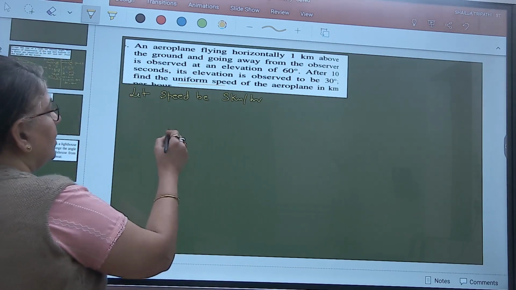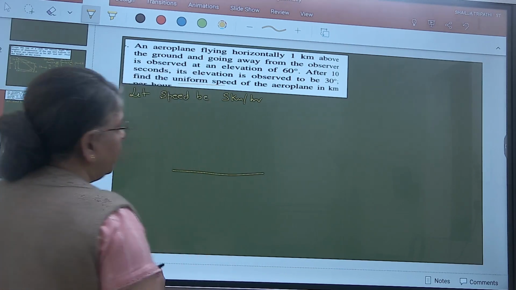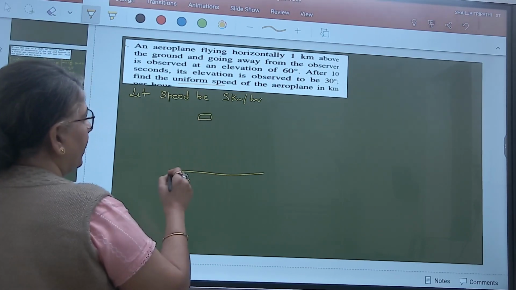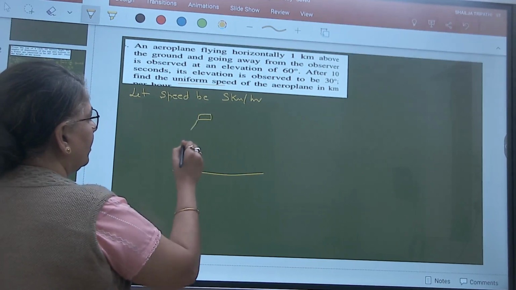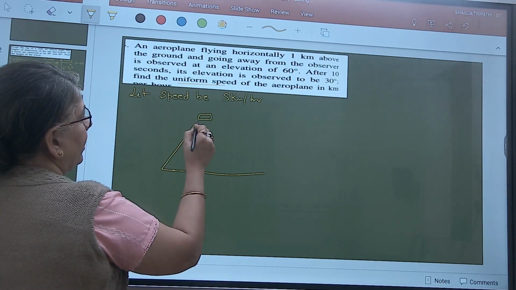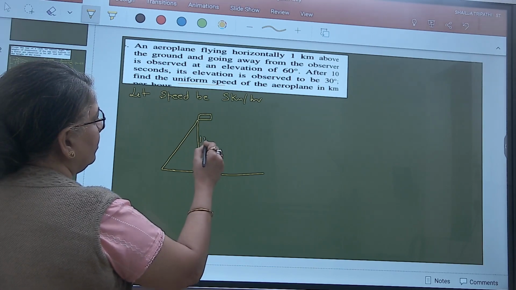See, first we draw the ground level. If this is the aeroplane and the observer is seeing it from this point, the aeroplane is 1 kilometer above the ground. So this distance is 1 kilometer.